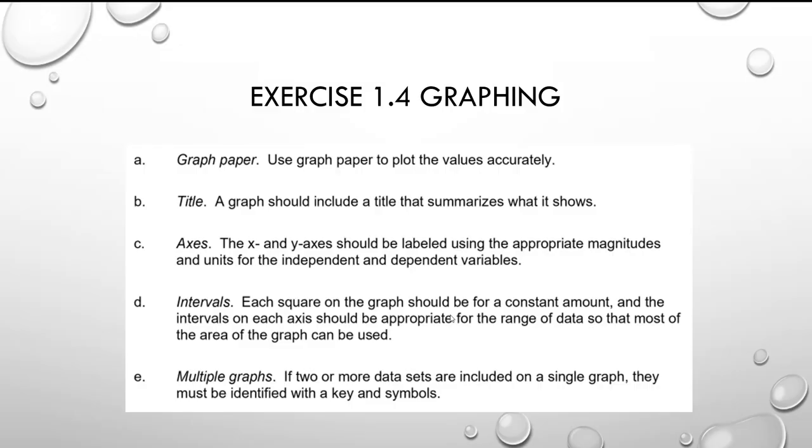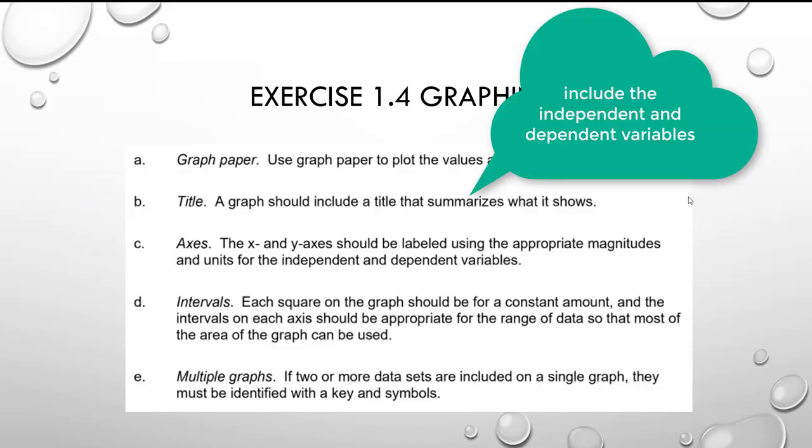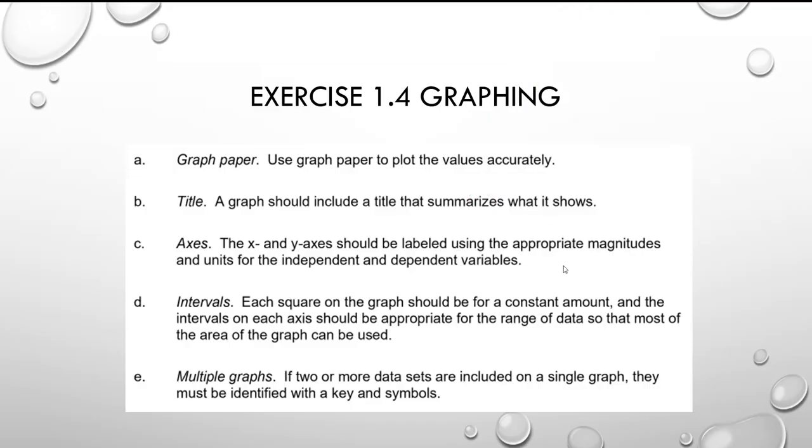You'll need to include a title. The title includes a summary of what it shows. It's always a good idea to include the dependent variable and the independent variable in the title. That summarizes what you're showing there. For your axes, make sure you label them with the independent and dependent variables, as well as show the intervals of the units of measurement.